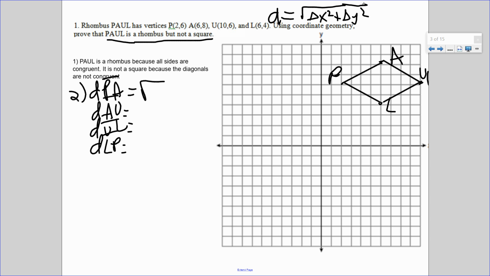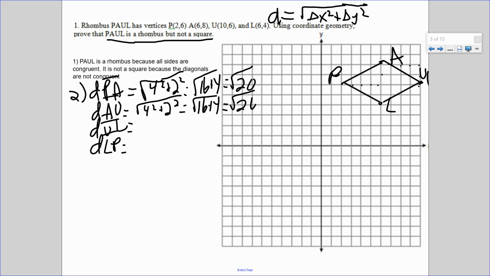So for PA, I count 1, 2, 3, 4, 1, 2. 4 squared plus 2 squared, that's 16 plus 4. That's radical 20. AU, 1, 2, 3, 4, 1, 2. 4 squared plus 2 squared, radical 16 plus 4, rad 20.